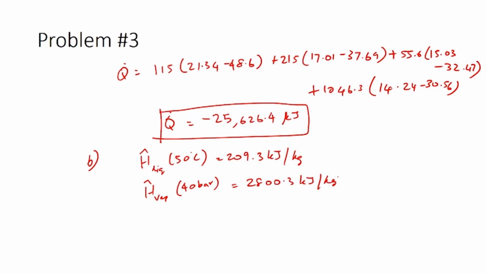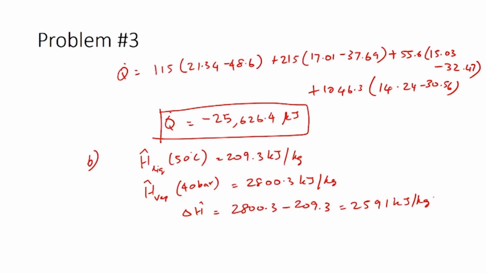So, these values can be obtained from the steam tables. The total change in specific enthalpy for the water coming in at 50 degrees Celsius and leaving as saturated water vapor at 40 bar would be 2800.3 minus 209.3, which is 2591 kilojoules per kilogram.